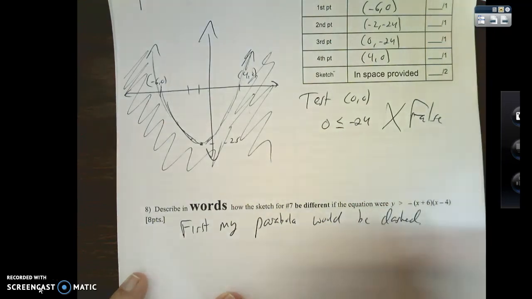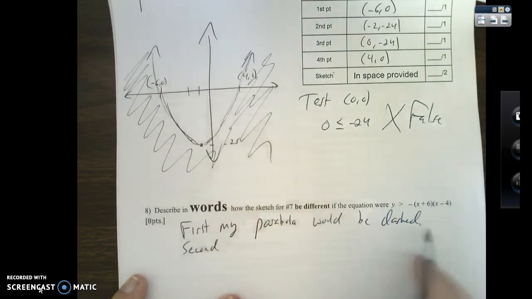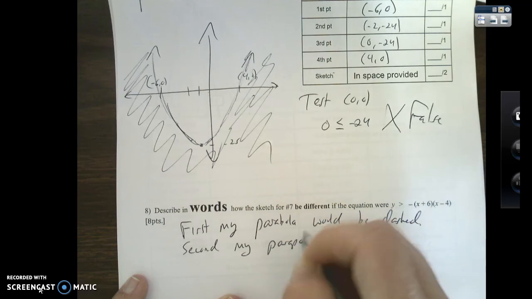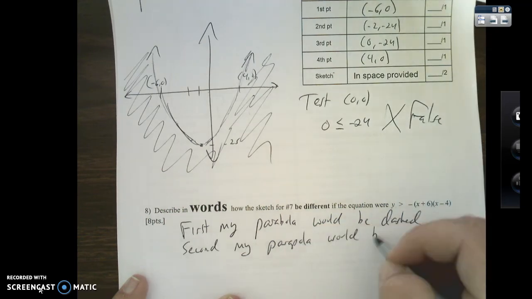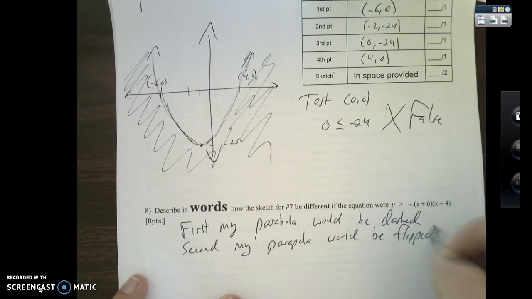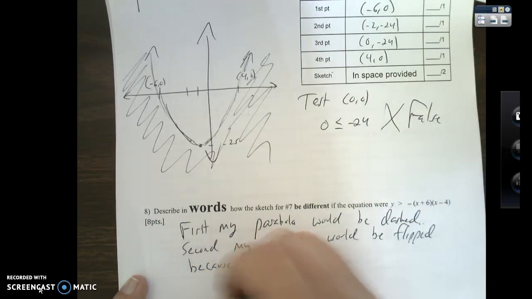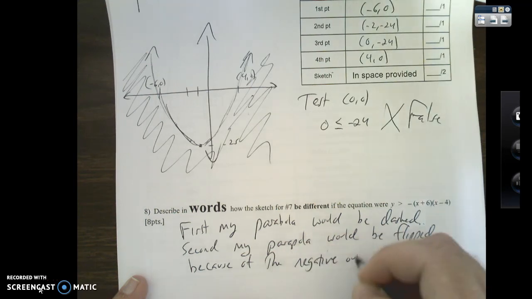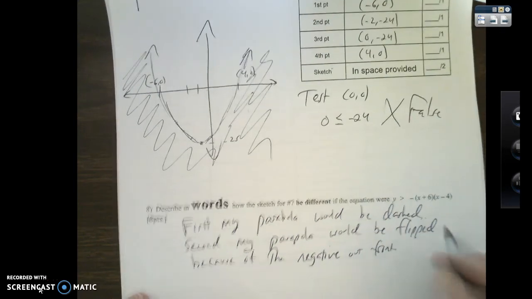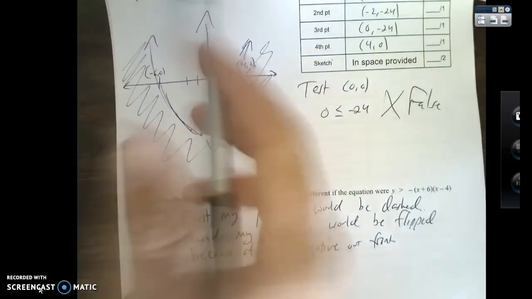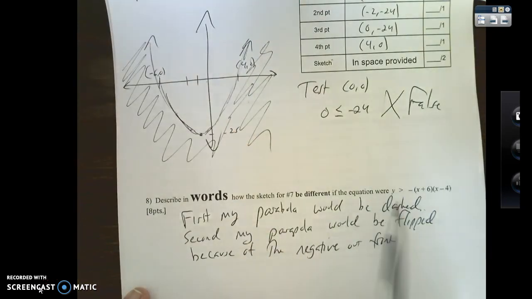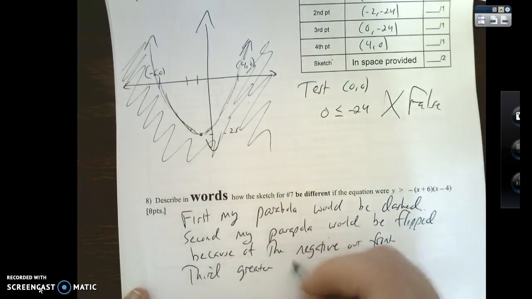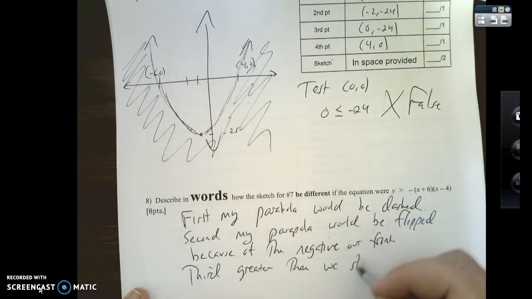Second, my parabola will be flipped, because of the negative out front. And third, because it was less than before we shaded below, greater than we're going to shade above.